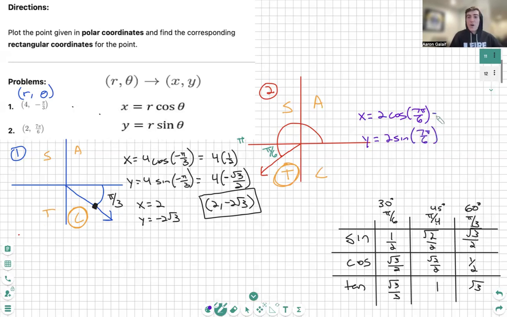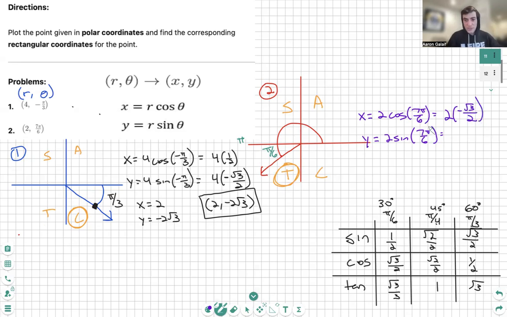Perfect. Now, all we need to do is make sure we use our chart correctly. So the cosine of pi over 6, because that's our reference angle, is root 3 over 2, but we are negative because we're in the tangent quadrant. So 2 times negative root 3 over 2.